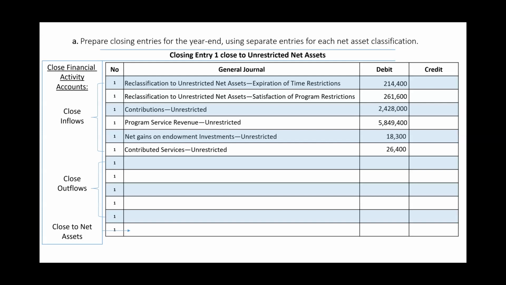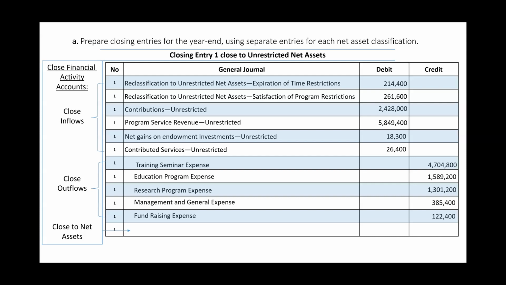Okay. So the next thing, step 2, is always going to be to close our outflows. So let's close outflows of resources, not just cash. We had training seminar expense, education program expense, research program expense, management and general expenses, and then fundraising expense.